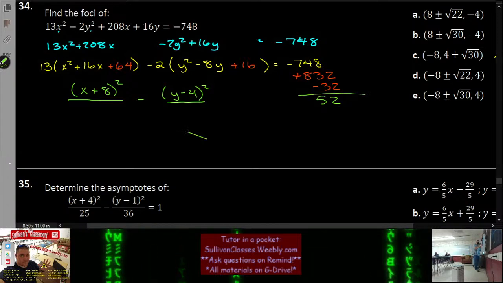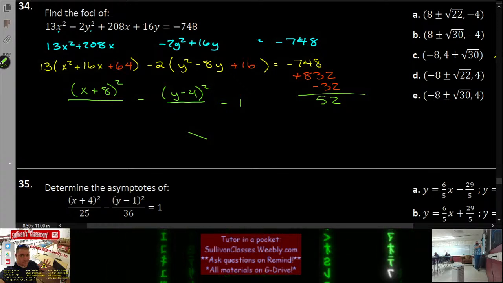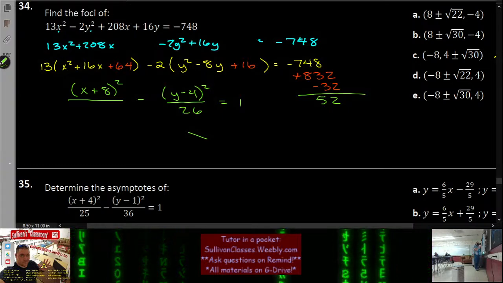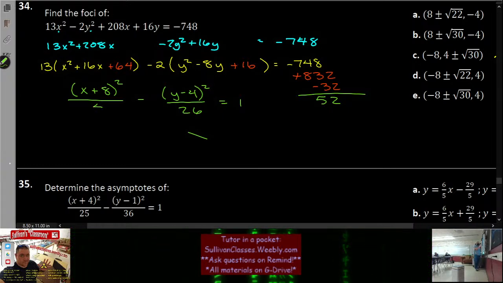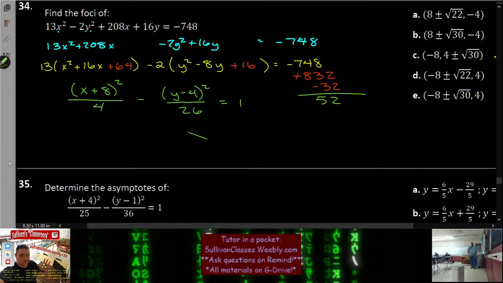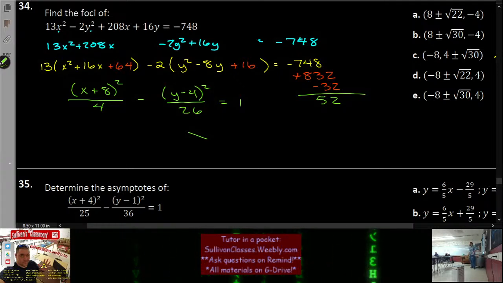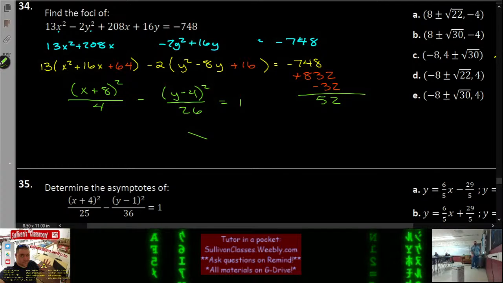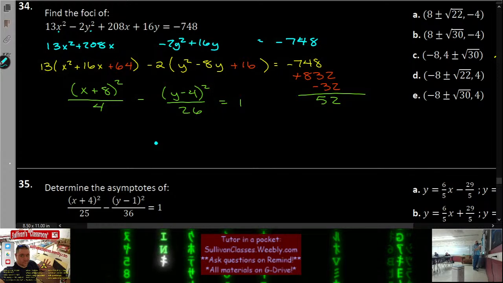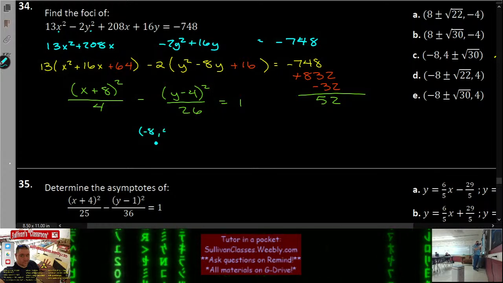If I divide by 52, because I do want it to equal 1, the y term reduces to over 26 and the x term reduces to over 4. Cool, I got an equation. What do I do with it? Go find your foci. Your center is still at h, k: -8, 4.